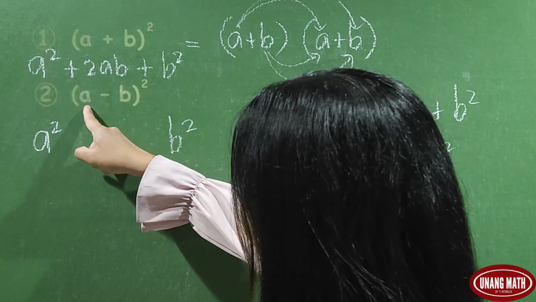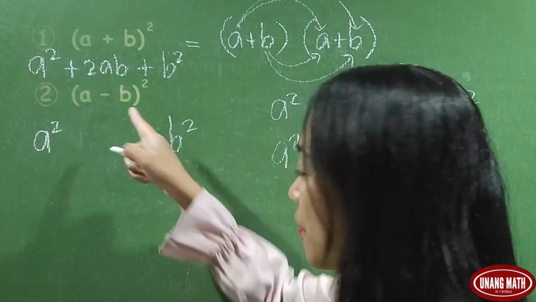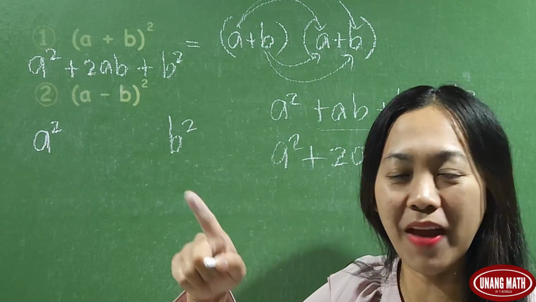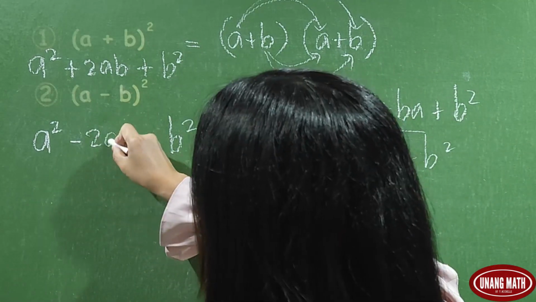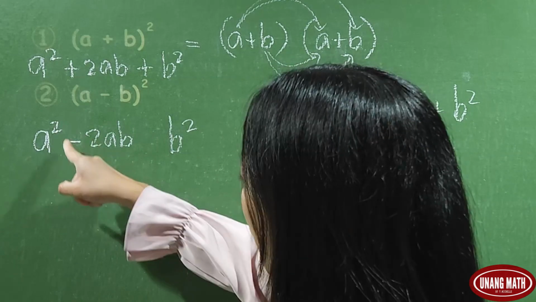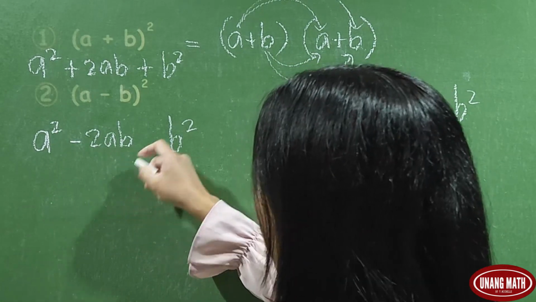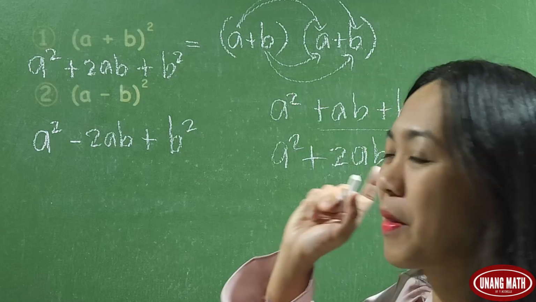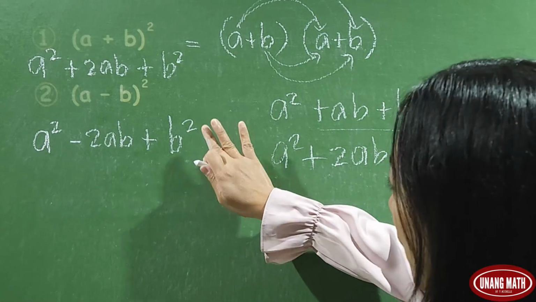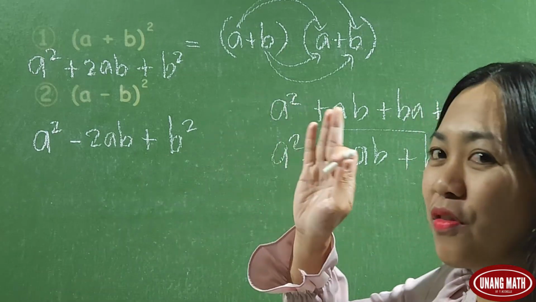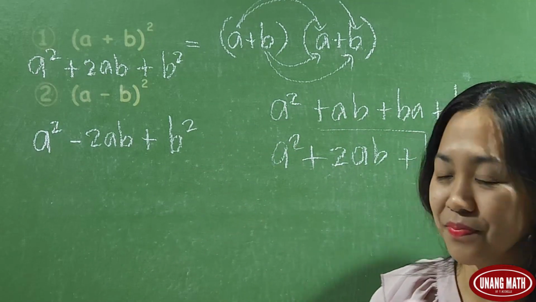Next one would be a times negative b. Then that would be negative ab times 2. Then we have negative 2ab. So we have a squared minus 2ab plus b squared. So this is special product, square of a binomial.